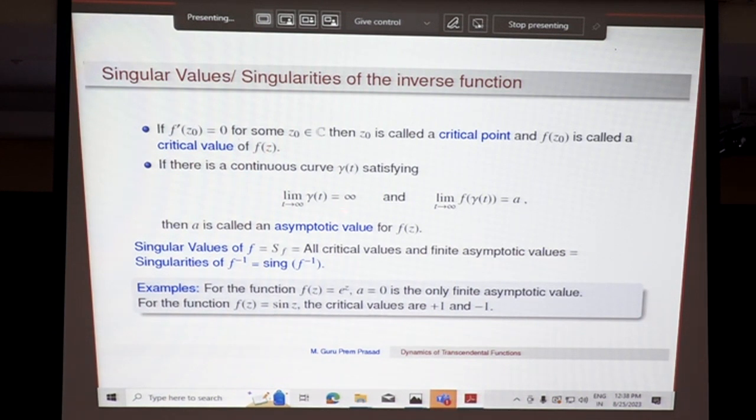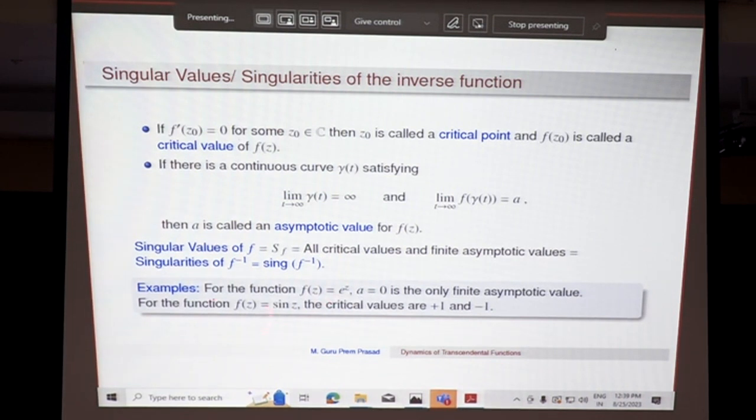And for the asymptotic value, especially we are looking for a finite asymptotic value. If there is a continuous curve gamma t along which gamma t tends to infinity and the function value tends to a finite complex number, then it is called an asymptotic value. For example, for e power z, take the negative real axis. Along the negative real axis, e power z approaches 0. So 0 is the asymptotic value for the exponential function.